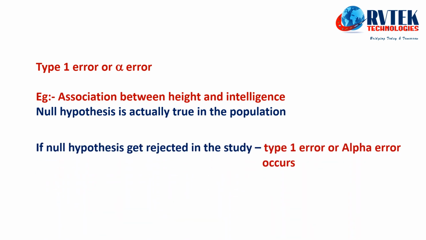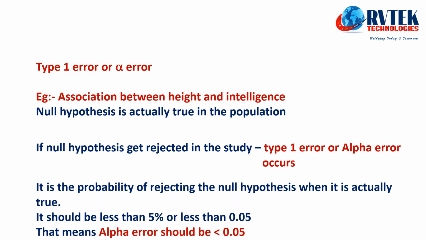And if null hypothesis got rejected in the study, then it is known as type 1 error or alpha error. In your study, you are getting a finding that height is related to intelligence. That means you are rejecting the null hypothesis, which is actually true in the population.